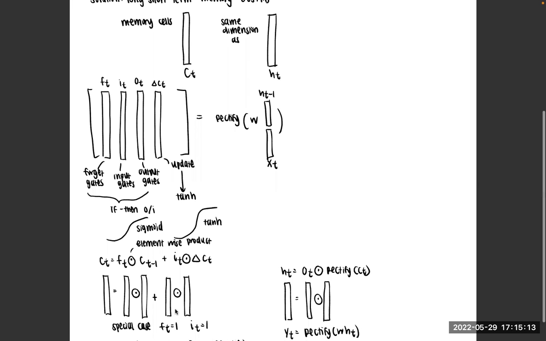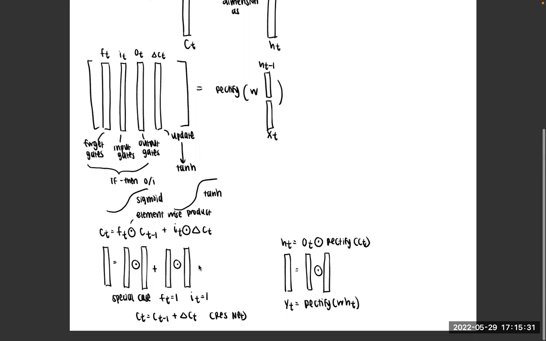Okay. So here you see, if ft at each element is 1, then you just keep this ct minus 1. And if it equals 0, you don't keep it. And if it equals 1, you also add this update. So in the gateless version, if ft and it are always equal to 1, then you have the special case where ct equals ct minus 1 plus delta ct.